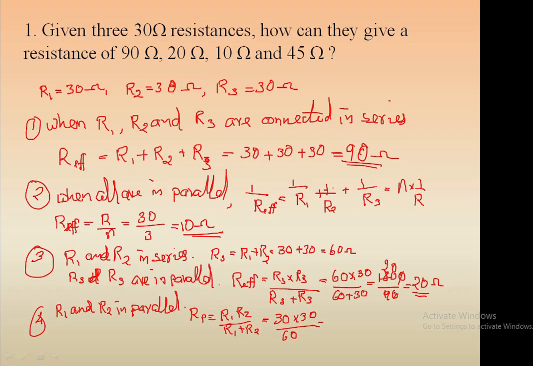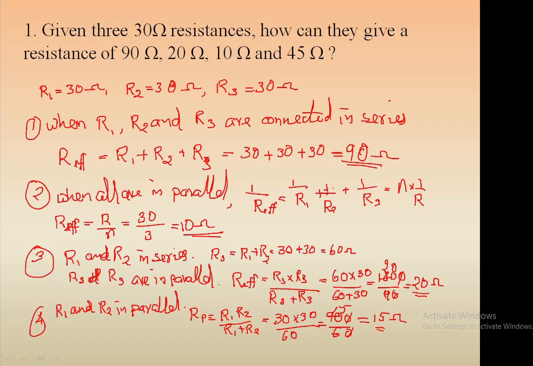That is equal to 900 divided by 60, so that is equal to 15 ohm. That is the effective resistance when R1 and R2 are in parallel.